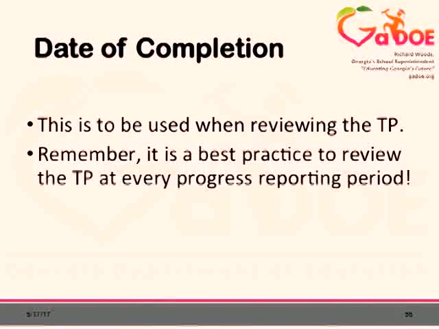Instead, start with an action verb to make sure that it's action-oriented. And remember, it's not always the student doing these anyway. And I'm going to just throw this in while we're on this topic. Date of completion is one of those columns on your transition plan. It's not something we check for compliance, but it is very useful and helpful for you at the district level because this is where you indicate whether or not this goal was met whenever you do the review.